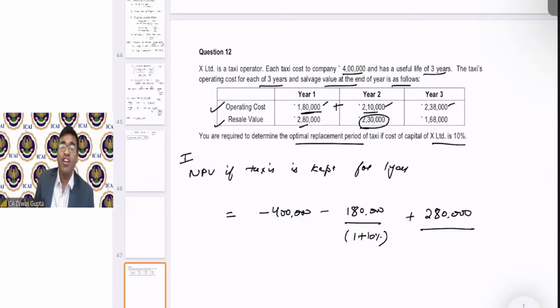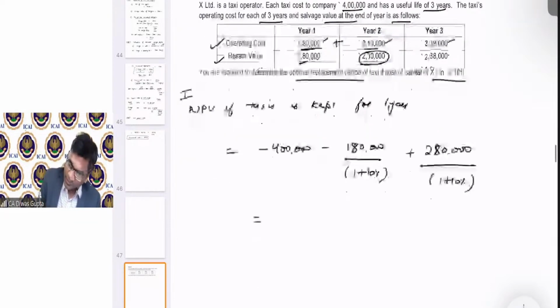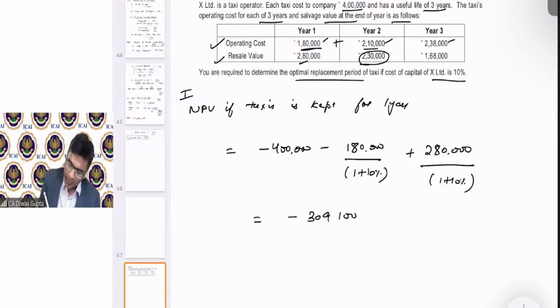But again, this is a 1 year later value. To convert it into the present value, we will divide by 1 plus 10%. So what is the NPV? NPV becomes minus 309,100.